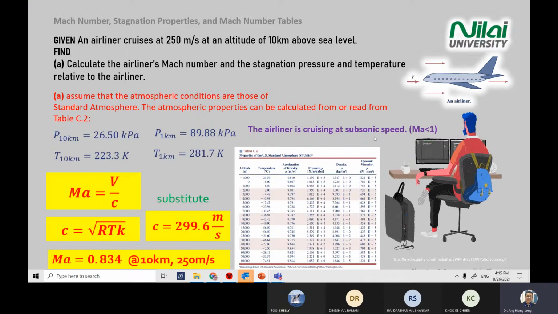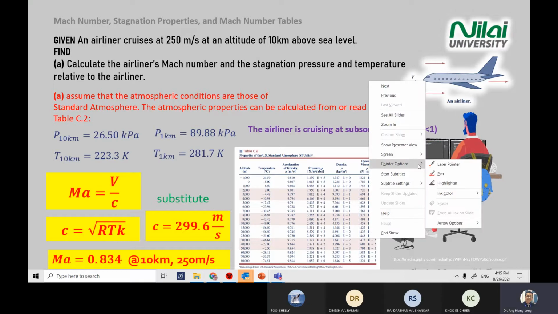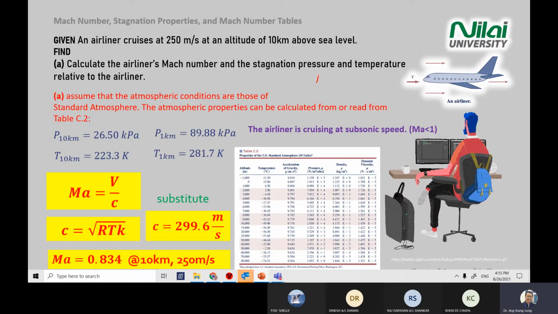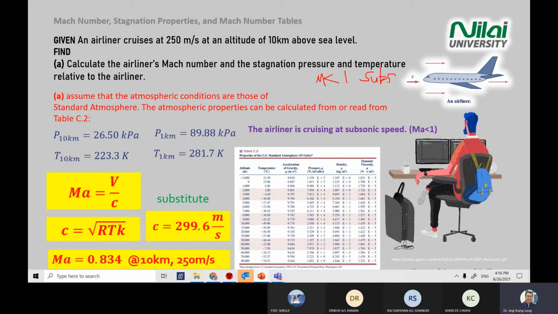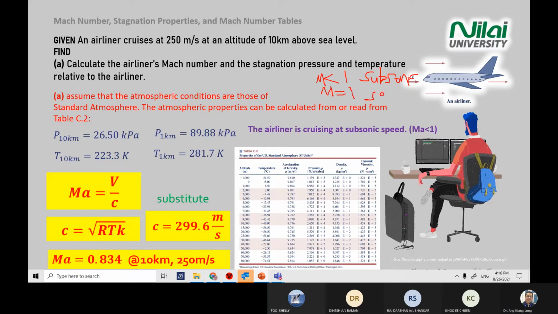What is meant by subsonic speed? Subsonic speed means the Mach number is less than 1. Okay, this is just add-on information. If Mach number is less than 1, we call it subsonic. If Mach number is equal to 1, you're having a sonic speed. However, Mach number equal to 1 only happens very briefly. It's either less than 1 or more than 1.